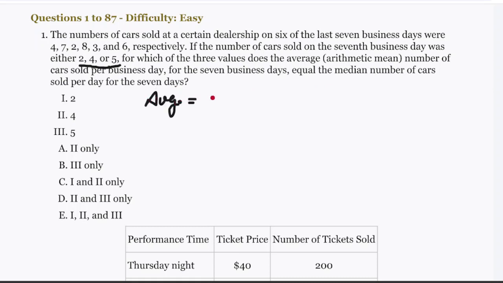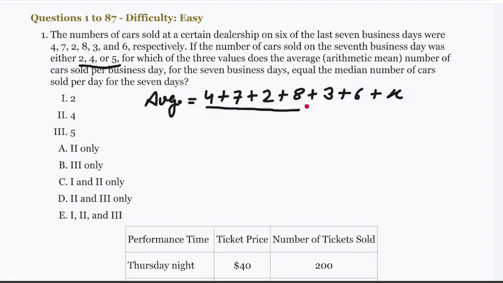Now average is going to be 4 plus 7 plus 2 plus 8 plus 3 plus 6. Let's take the last day as x. Divide by 7. That comes out to be 4 and 7, 11, 2, 13, and 8, 21, 3, 24, 6, 30 by 7. 30 plus x by 7.